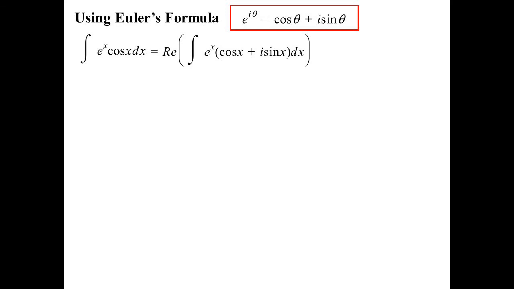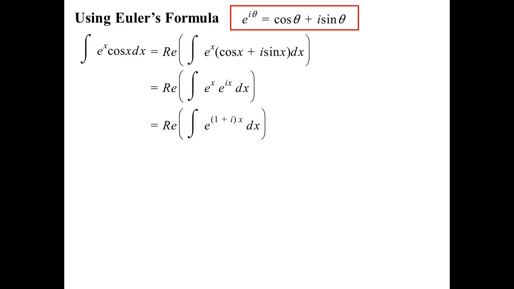Why do that? Well, because now inside the parentheses I have cos x plus i sine x, which I can change to e to the ix. And remember, it's the real part of all this. And then I can use my index laws and go, what I want to integrate is e to the power of (1 plus i)x.